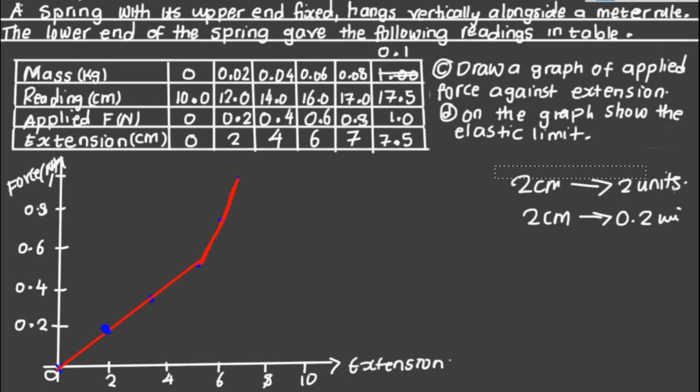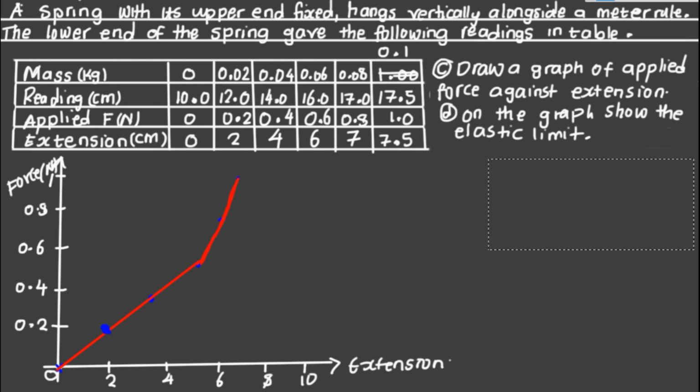As we can see, the question is very simple. Now what is really meant by this directly proportional relationship? It means that when the force was 0, extension was 0. When the force was 0.2, if you use the graph, the extension was 2.